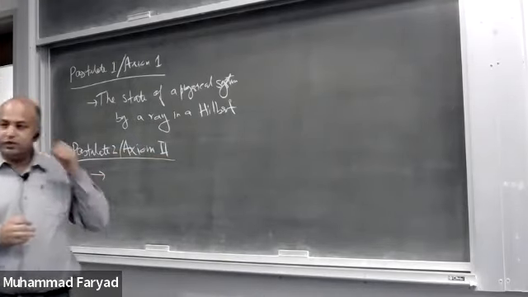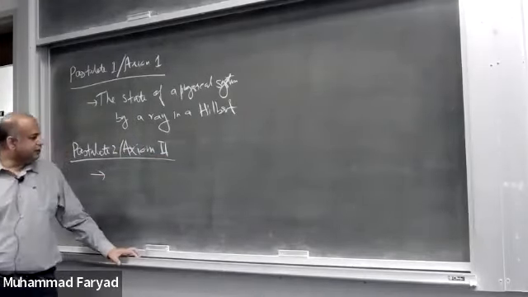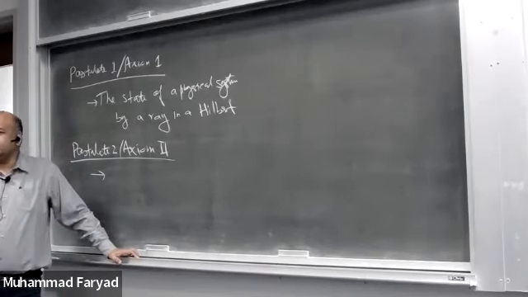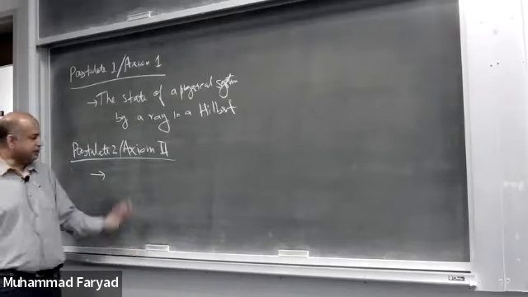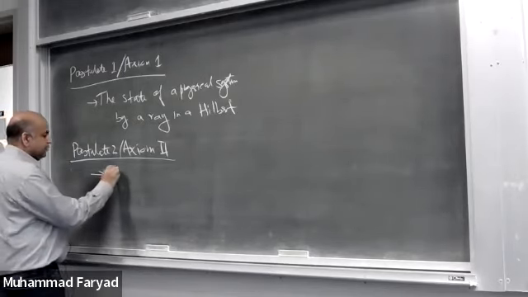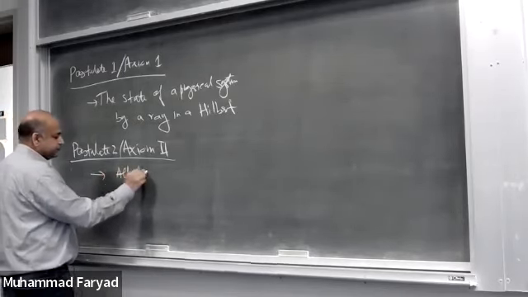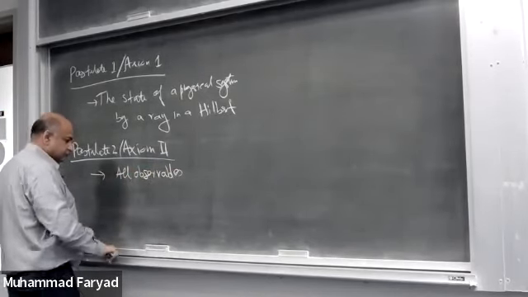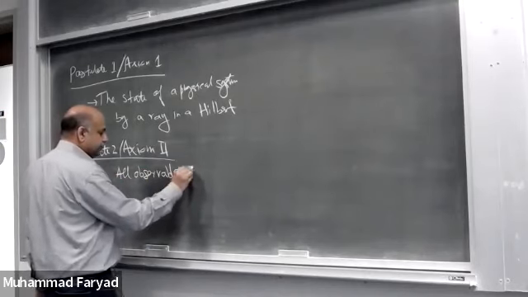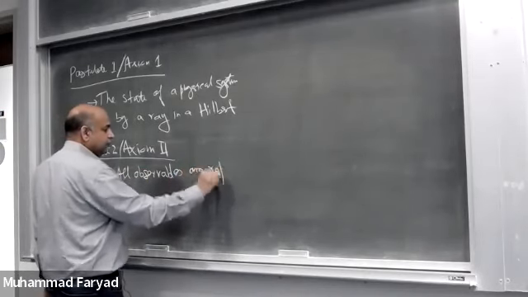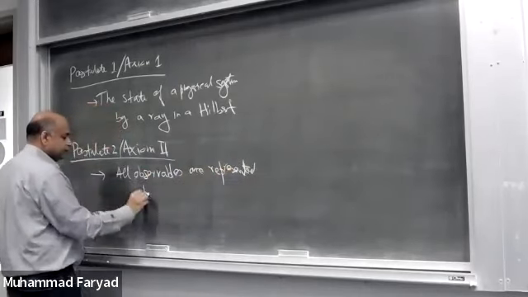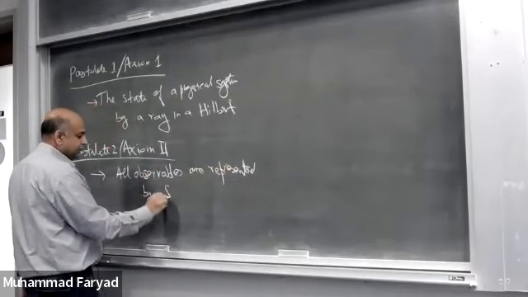In some books you wouldn't see this there, but you'll appreciate that this, in fact, is one of the assumptions when we are studying quantum mechanics, and that is that all observables are represented by self-adjoint operators.